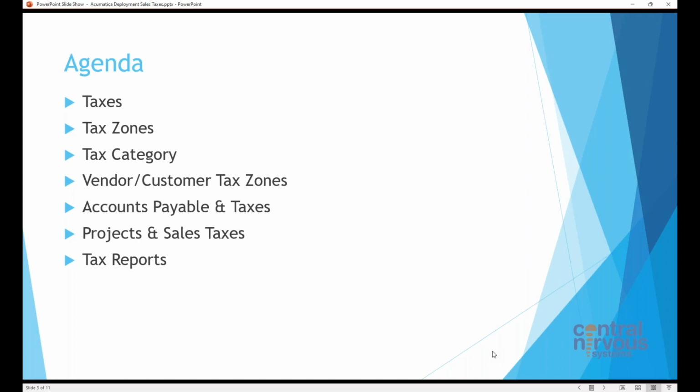Finally, every month we have a number of different taxes that have been charged to customers or brought in on purchases. We want to be able to look at that information in the form of a tax report, and so we'll be having a look at that as well.